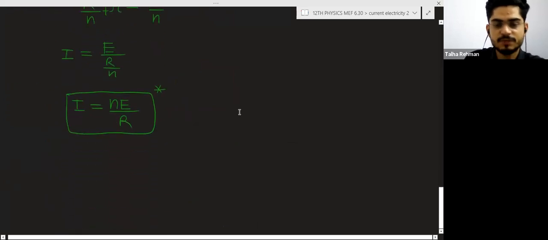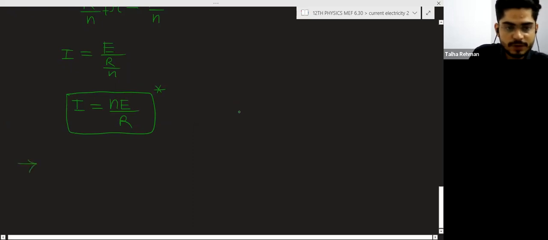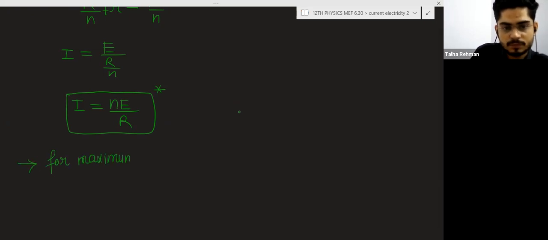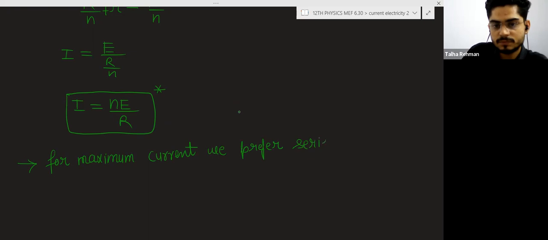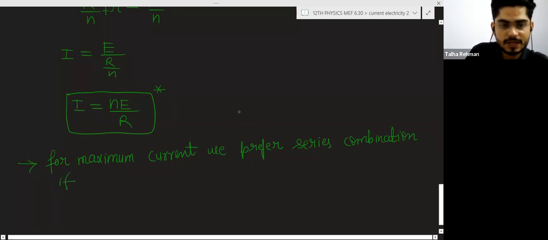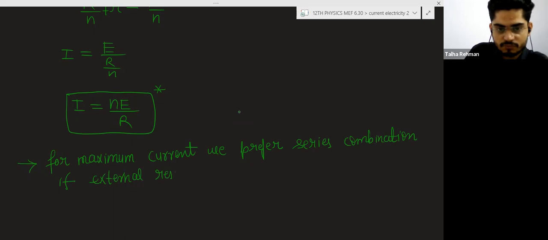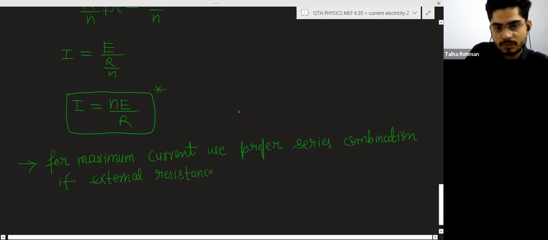And in series combination, for maximum current, if you want it in the circuit, we prefer series combination if external resistance is large.